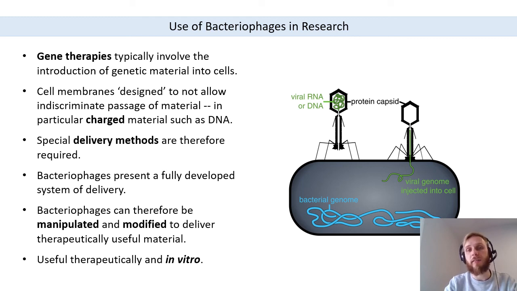So these are vectors that are derived from retroviruses, because as we know, retroviruses integrate their genome into the host cell genome via the process of reverse transcription and integration. So a really different process to that which is conducted by bacteriophages, and it is a process that is specifically evolved to occur in eukaryotic cells. So really it's perfect, and that's something we do in the lab quite a lot. And we'll talk about that in later lectures in a lot of detail.